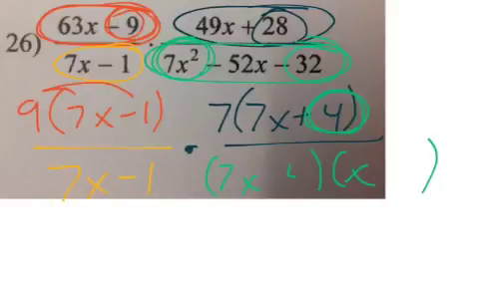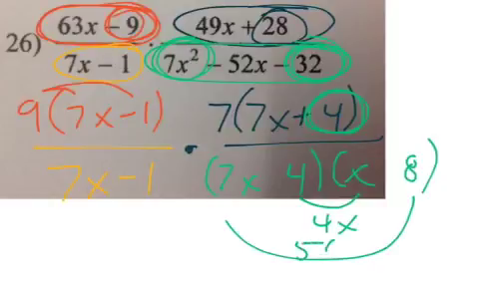So I'm going to try 4 times 8 for 32 and see if it works. Notice right here, that would give me 4x. 8 times 7 is 56, right? Can I get a minus 52x like that middle term?